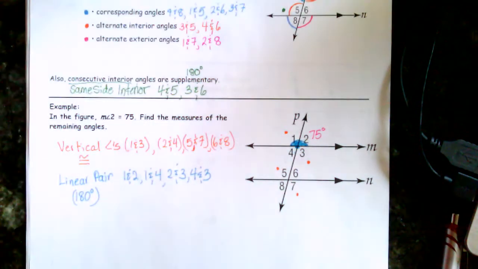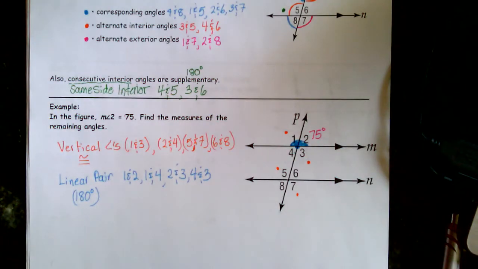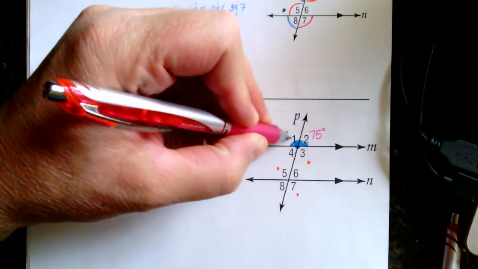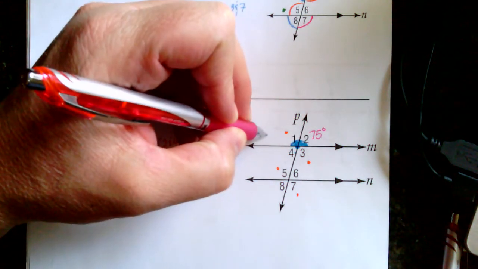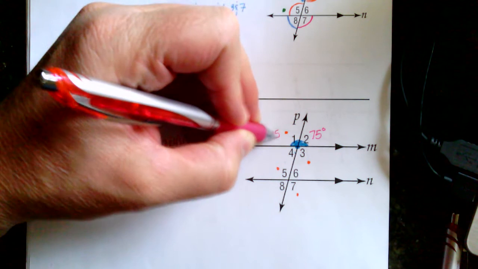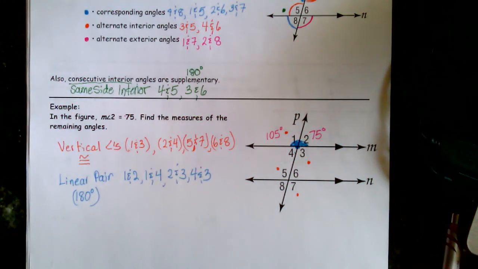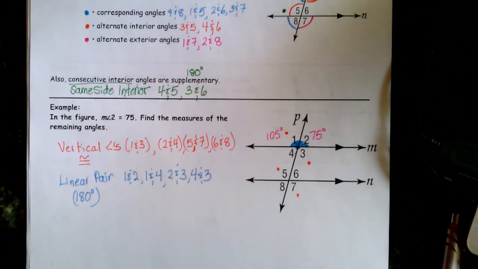Okay? So if that's 75 degrees, and M is a line, and we know lines are 180 degrees, well, that means I can find this side over here has to be 105, because 105 plus 75 makes 180 degrees, and it makes a line, a linear pair.